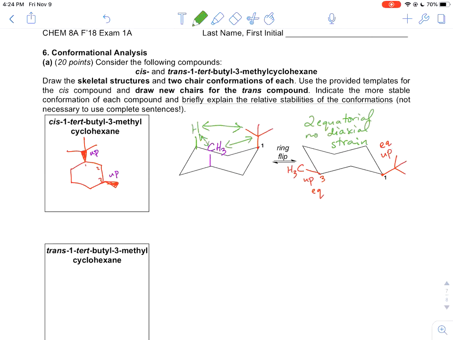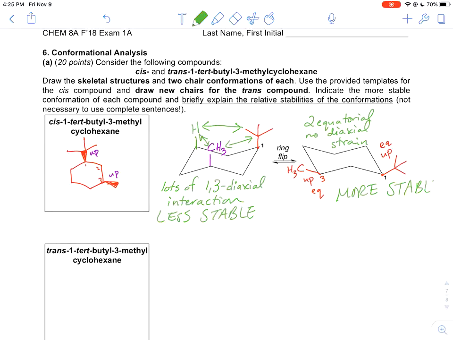So you have lots of diaxial interactions. Remember, these are specifically 1,3 diaxial interactions that cause greater strain. So this is going to be a less stable conformation, and this is going to be more stable.